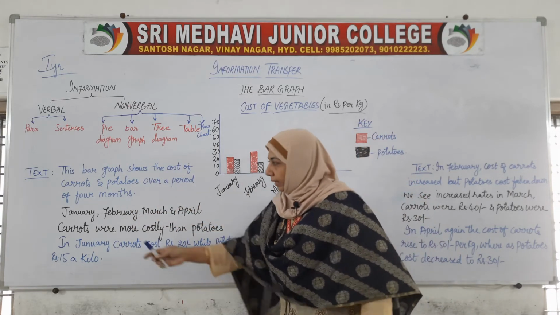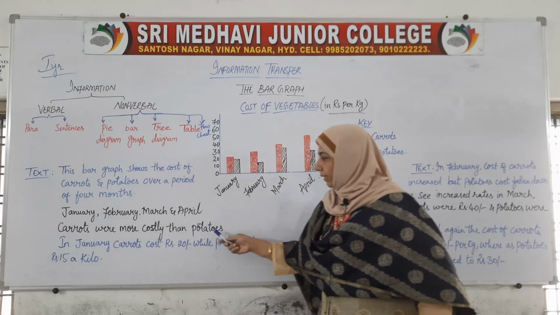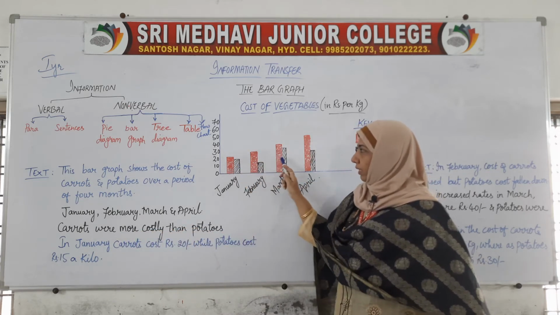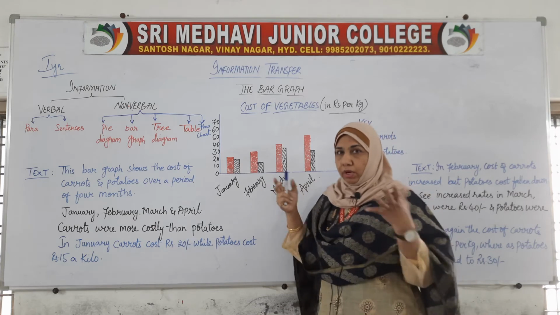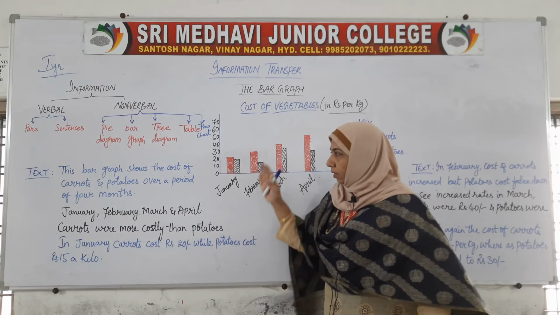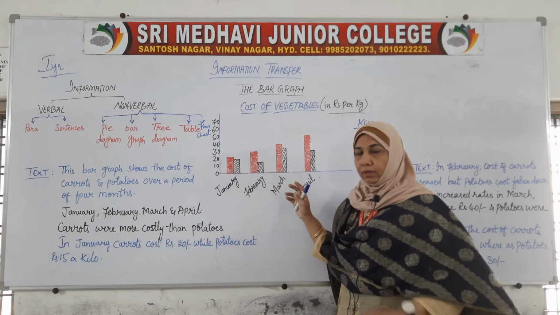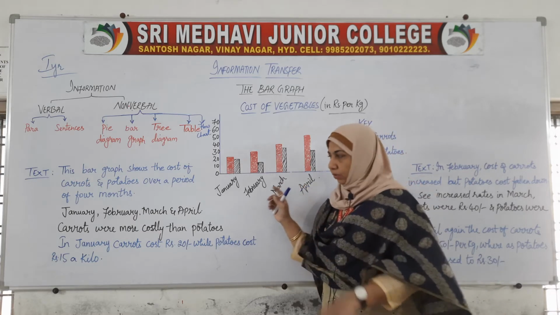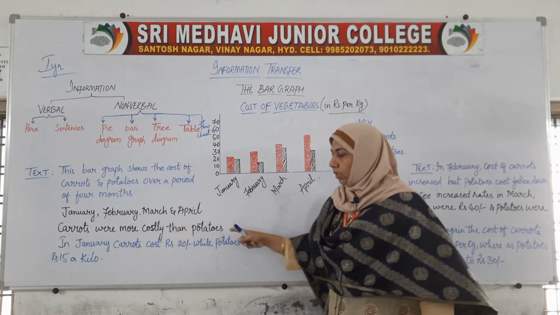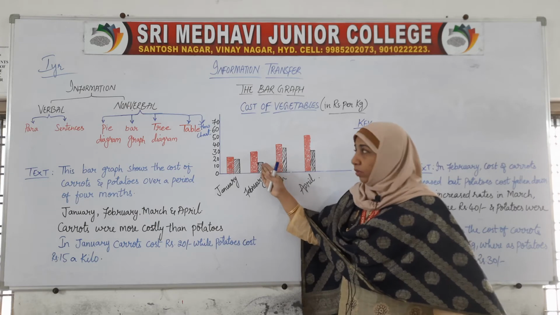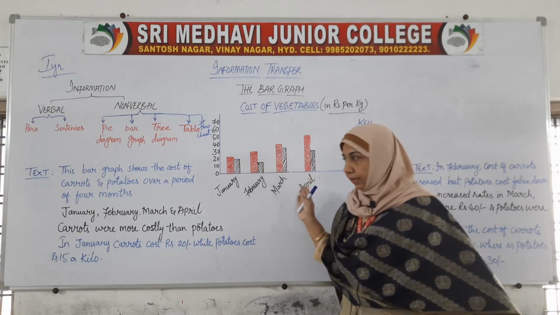Then next is: carrots were more costly than potatoes. Always, when you check it out, the overall observation is that carrots are the costly ones when compared to the potatoes, because you have observed this in the bar diagram.